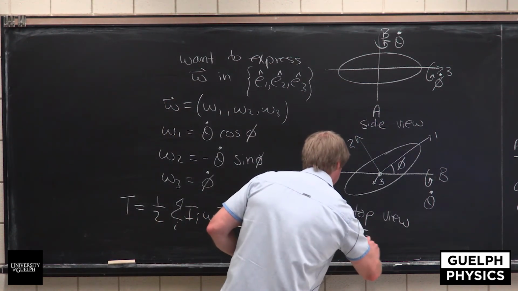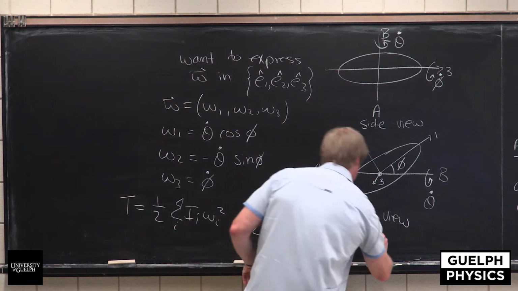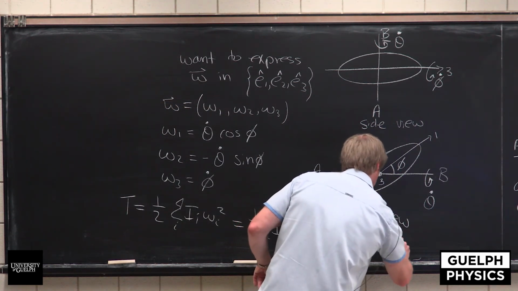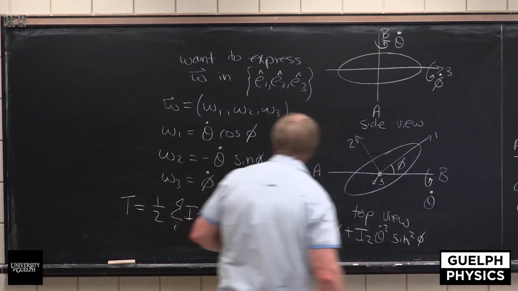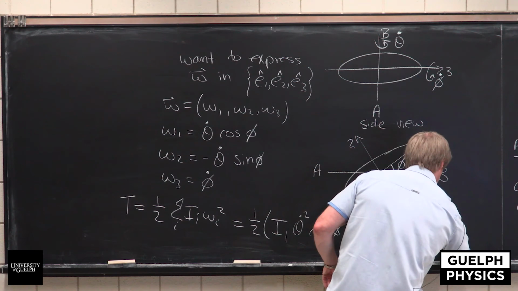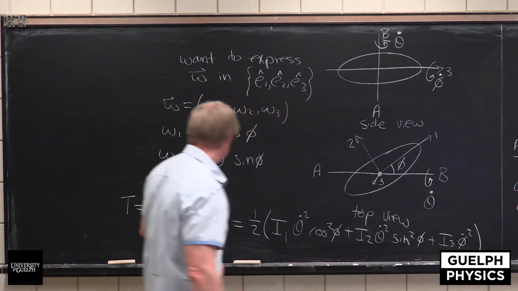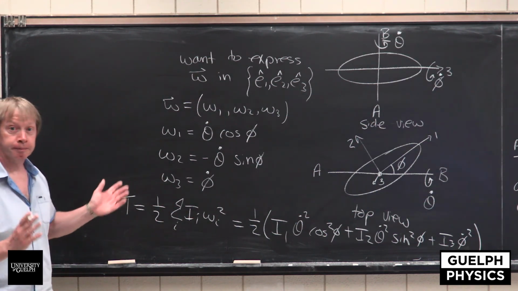And then I have an I2 theta dot squared sine squared phi, and then an I3 phi dot squared. And I'm done.